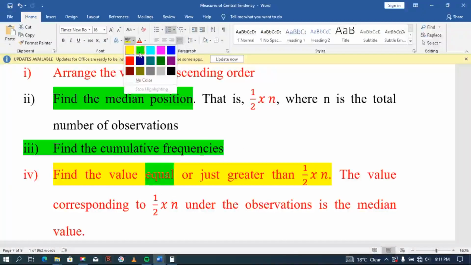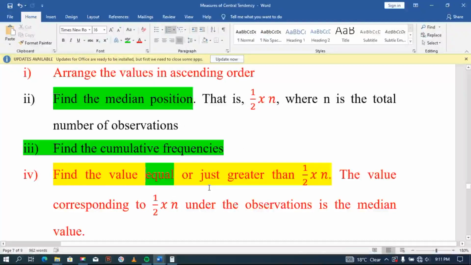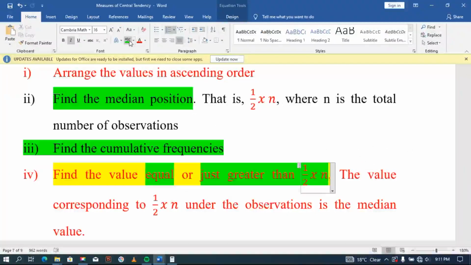But in case you find that there is no value along the cumulative frequency column equal to what you're looking for, in particular 24 as our median position, then you take the value just greater than 24, or just greater than a half of n. That is in case you don't find the one equal. But if it is there, take it right away. Don't go for the just greater. If the equal is not there, then take the one just greater than a half of n.